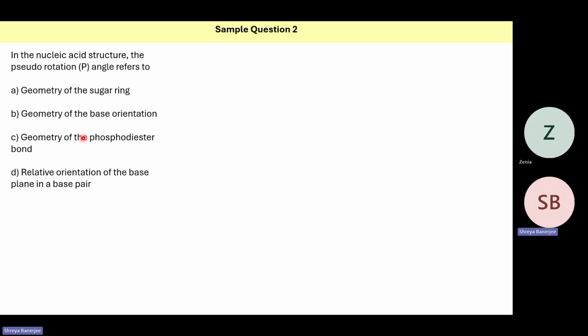The next question is asking, in the nucleic acid structure, the pseudo-rotation P angle refers to what?